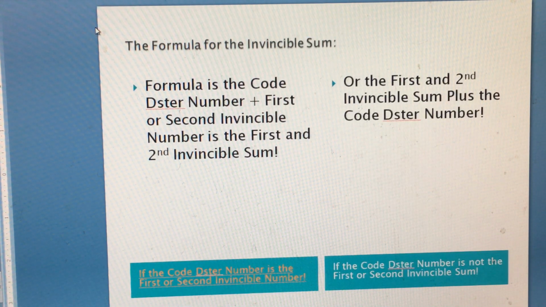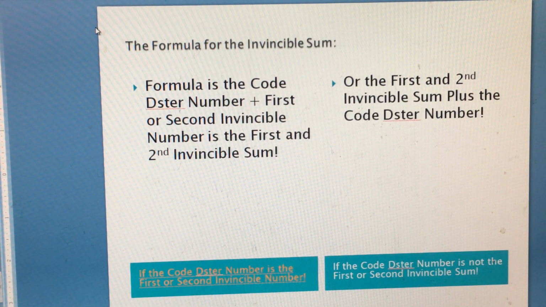Now, let's look at the formula for these two parts. The formula for the codester is the codester number plus the first or second invisible number is the first and second invisible sum, or the first and second invisible sum plus the codester number. So if the first and second invisible number is not the codester, then you add the first and second invisible number, which is the invisible sum, and you play it with the codester number.